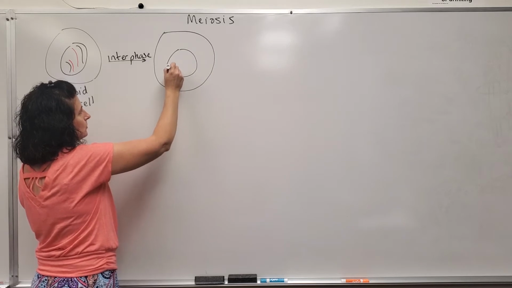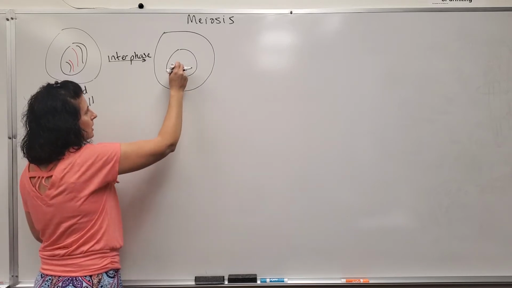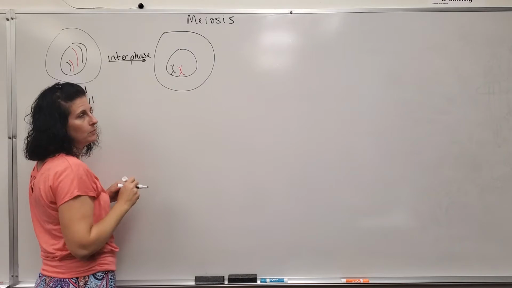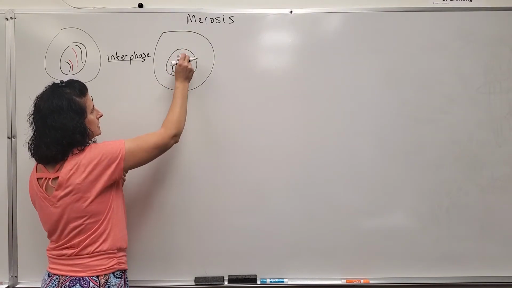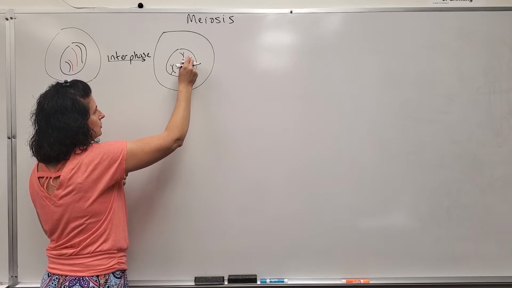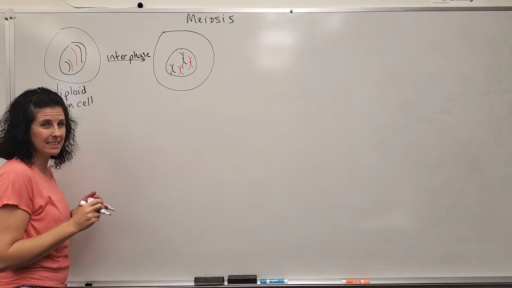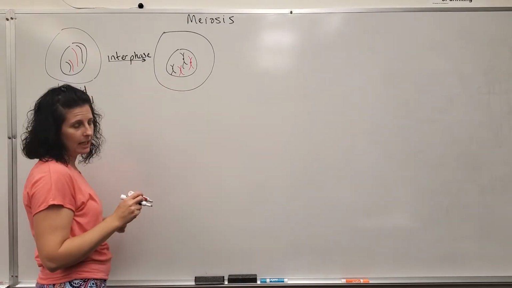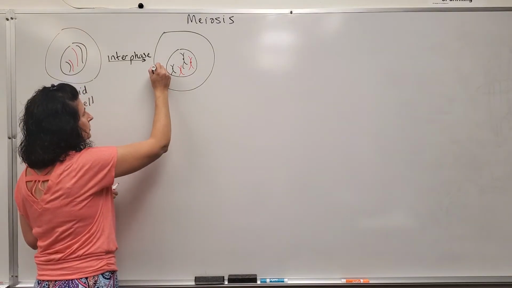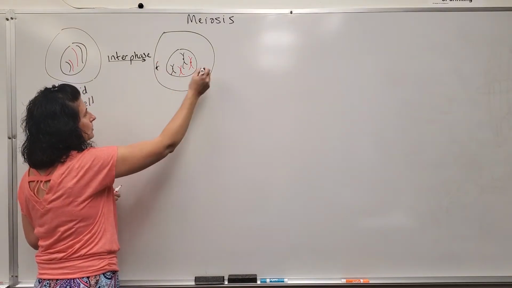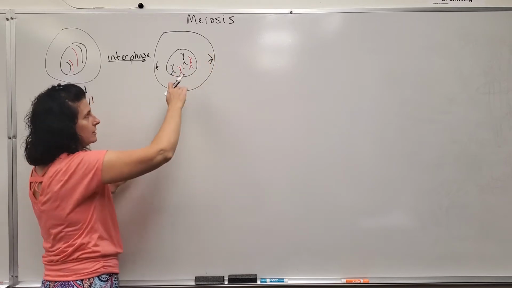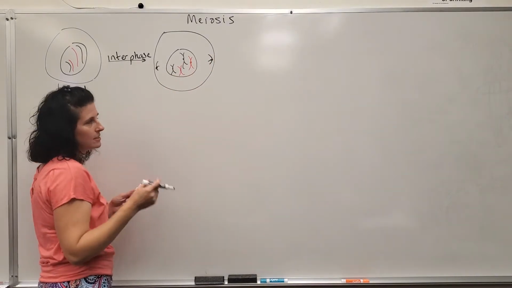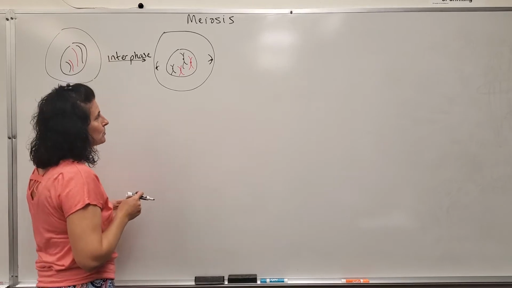So our chromosome 1 from the sperm gets copied, 1 from the egg gets a copy, 2 from the sperm copies itself, and 2 from our egg makes a copy. So we have those duplicated chromosomes, and we went through G2, so our centrosomes have replicated and divided. They're separating to opposite sides, forming those microtubules.